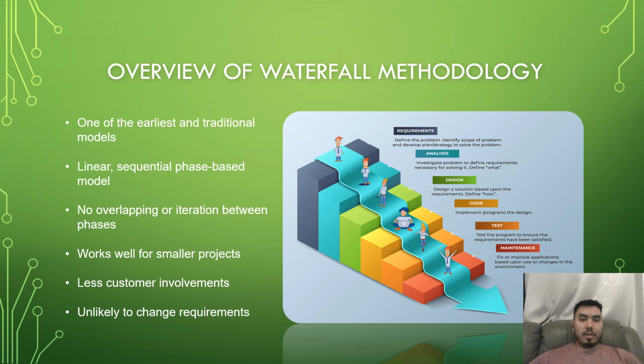That's what makes this model very structured, and it works well when the scope is fixed, all of the project requirements are known upfront, the path is clear, and the requirements will remain unchanged during the whole project.